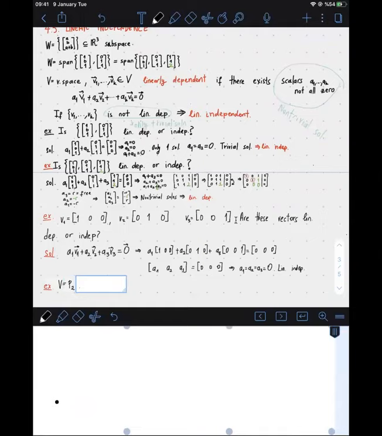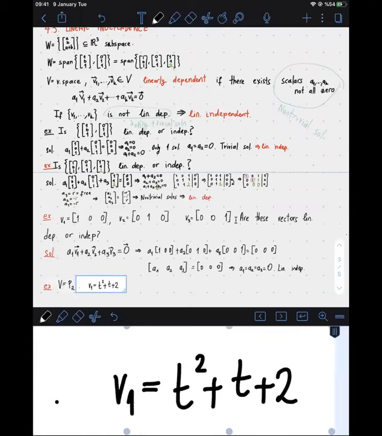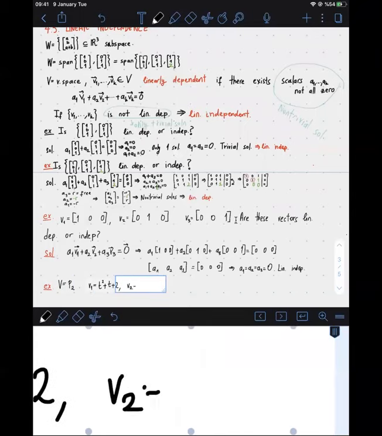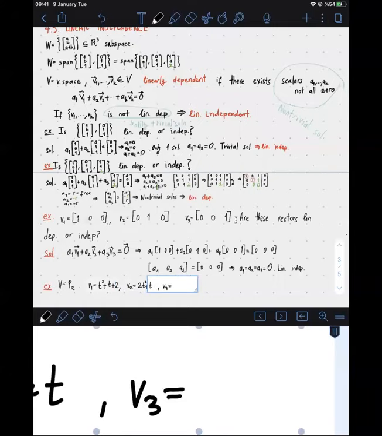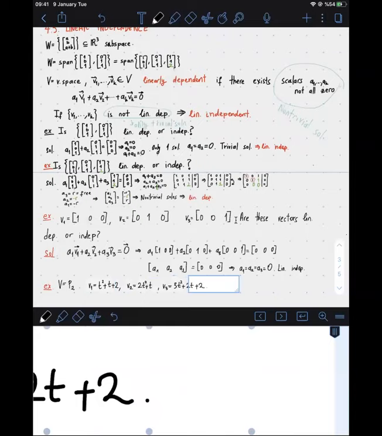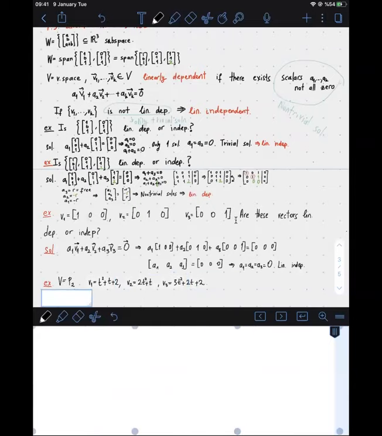In this case our vectors are really polynomials: t squared plus t plus 2, then the second vector is 2t squared plus t, and the third one is 3t squared plus 2t plus 2. The question is the same: linearly dependent or linearly independent?